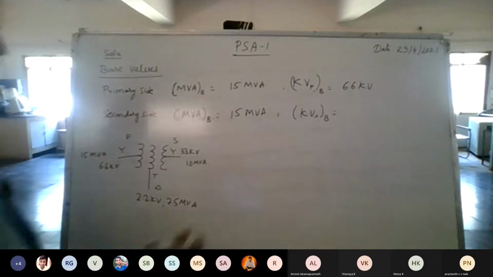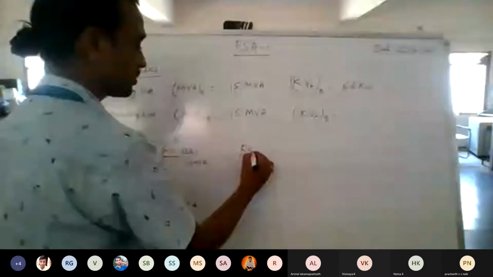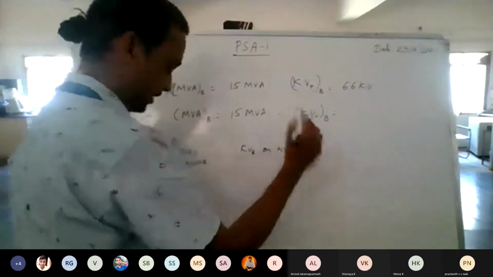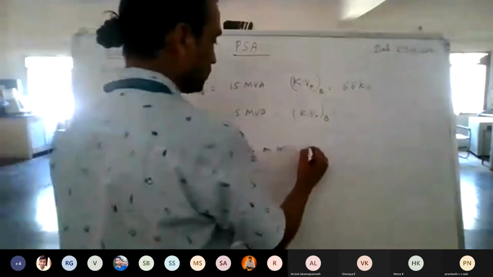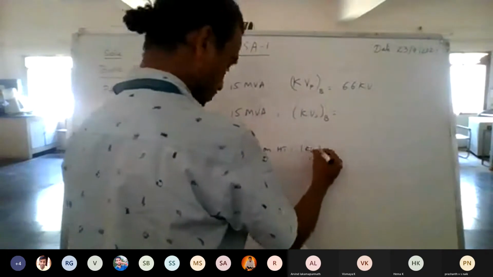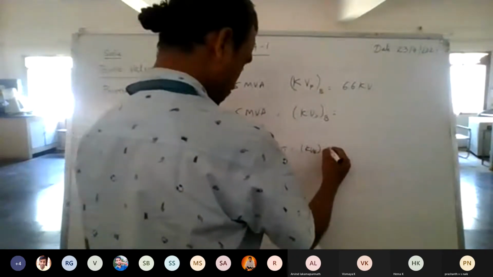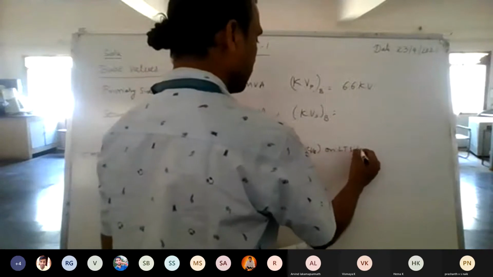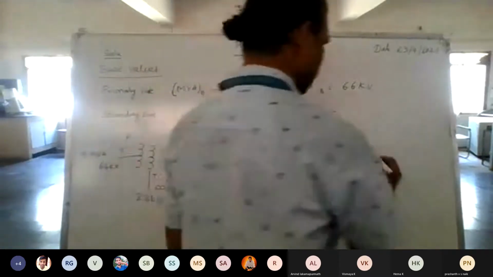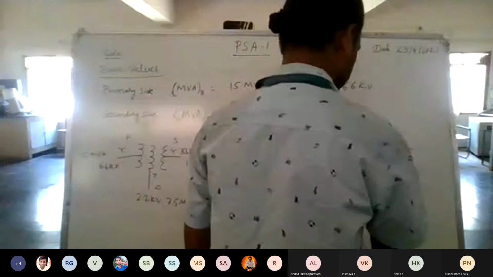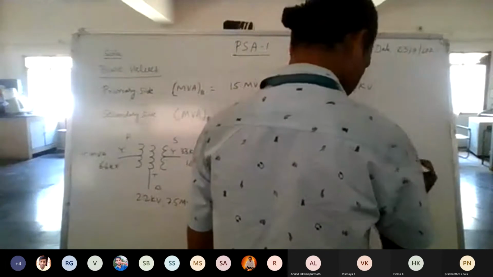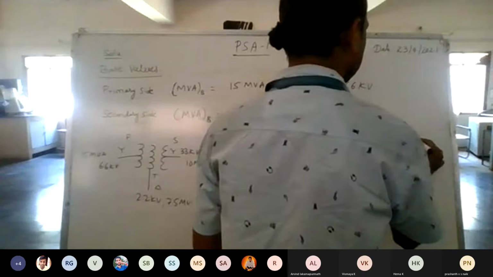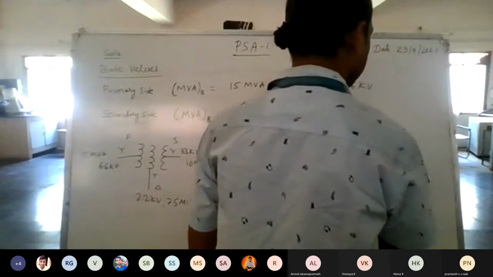Suppose you want to calculate the kV base on the HT circuit, the high tension circuit. The kV base on the HT side is equal to the kV base on the LT side multiplied by the HT voltage rating divided by the LT voltage rating.